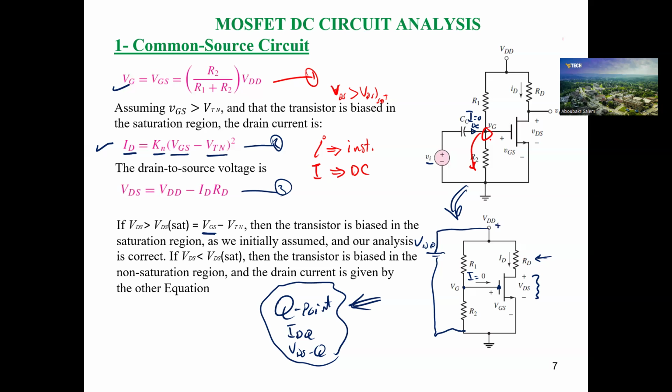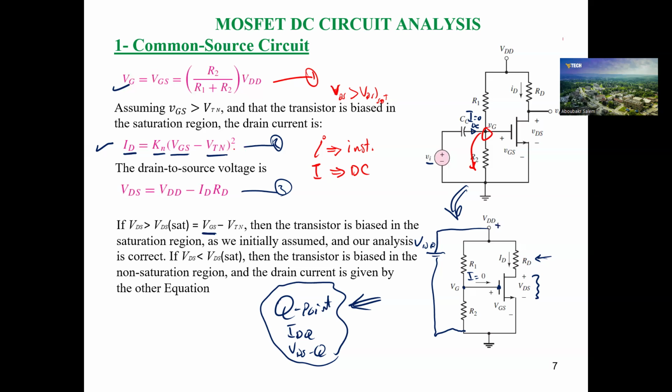So firstly, we will assume the mode is saturation and use the relation ID equals Kn times (VGS minus VTN) squared. This is the relation between ID and VGS in saturation mode.